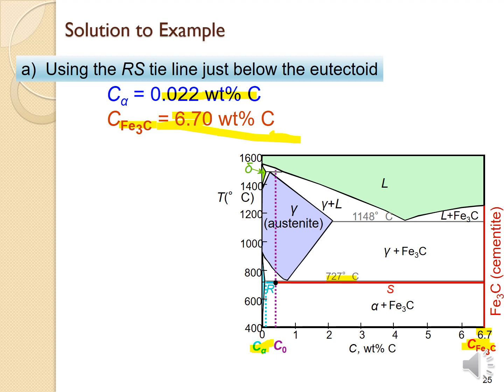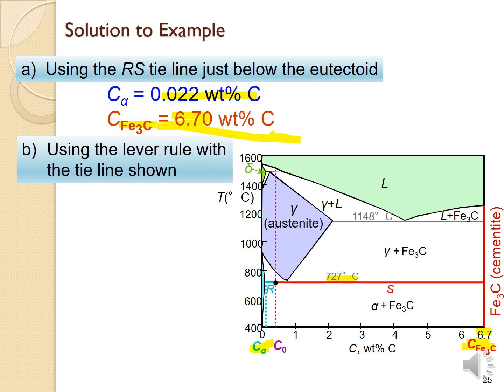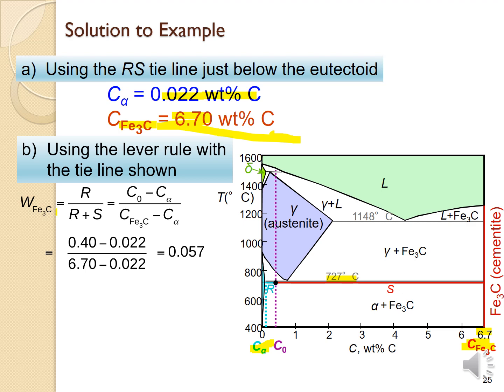Since we're calculating the phase amount, simply using this tie line, apply the lever rule, right? We are looking for the weight percentage of cementite.